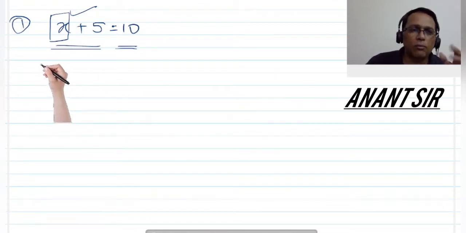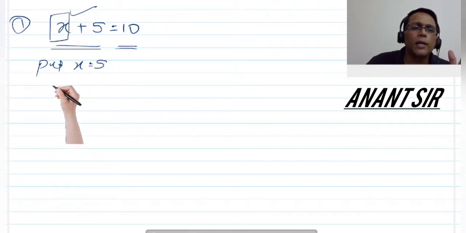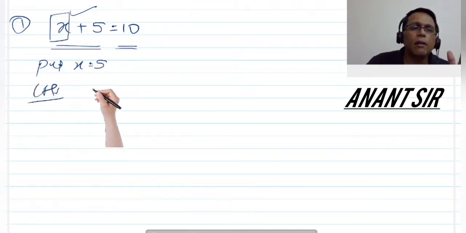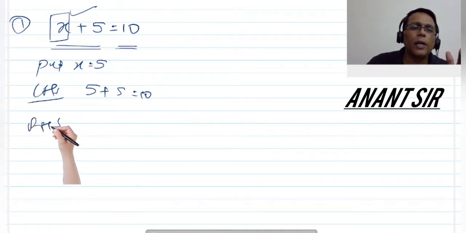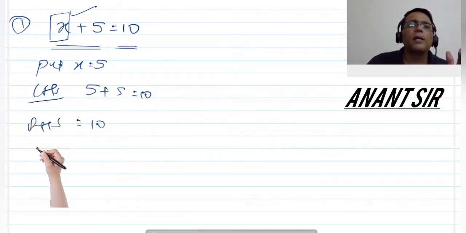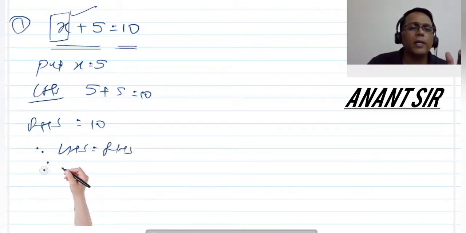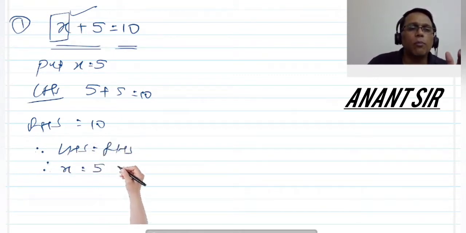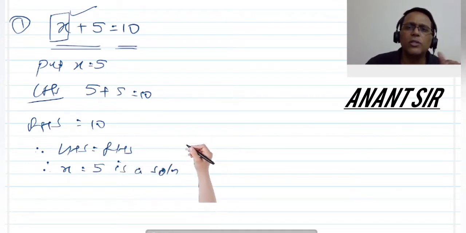So as you can see, if I put x equal to 5, then my left hand side will become 5 plus 5, that will be 10, and my right hand side is already 10. So therefore left hand side will become equal to right hand side. Therefore the value which I put is a solution of the equation.